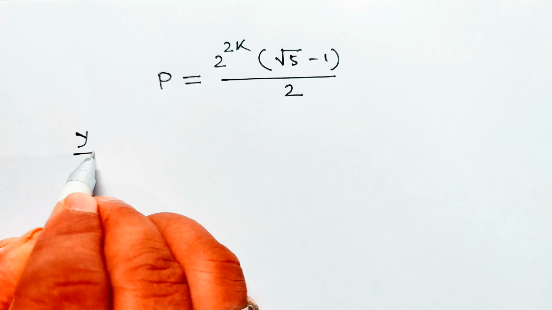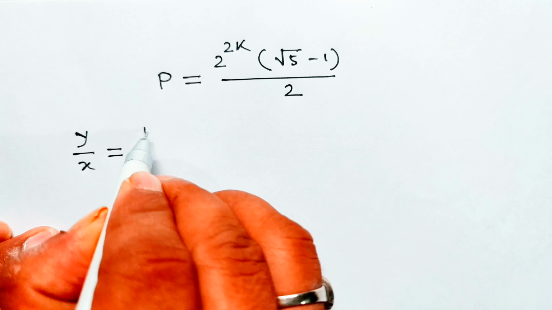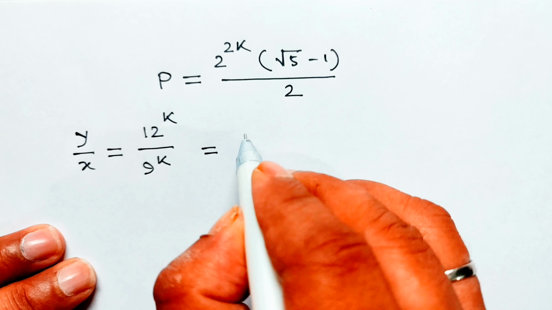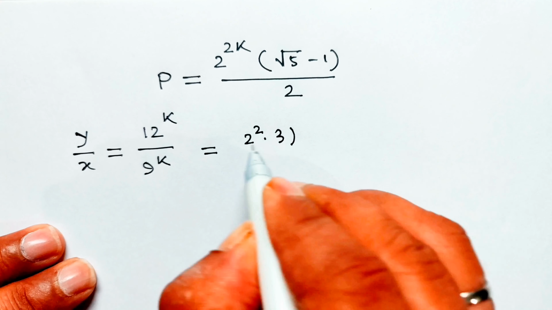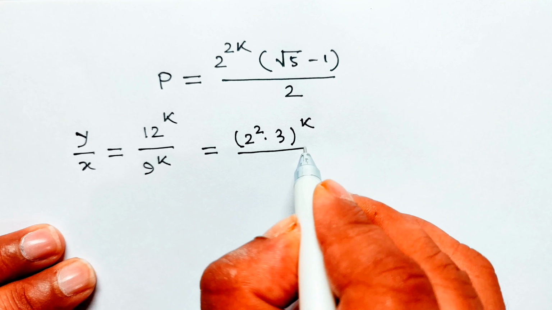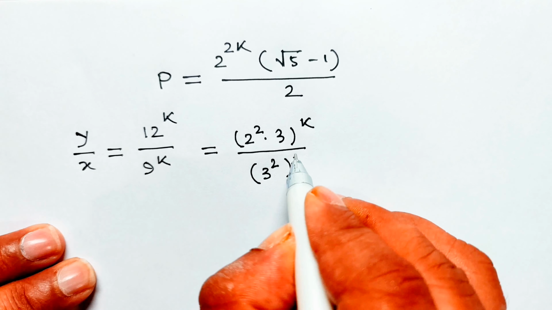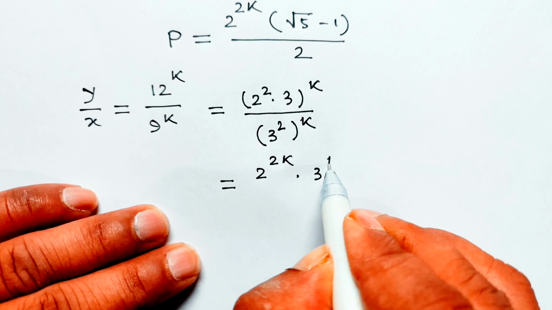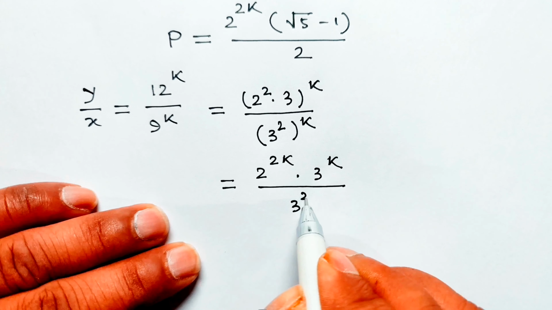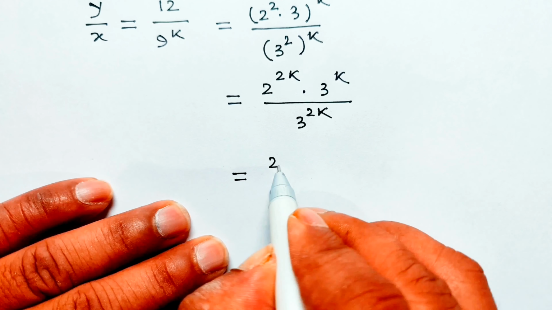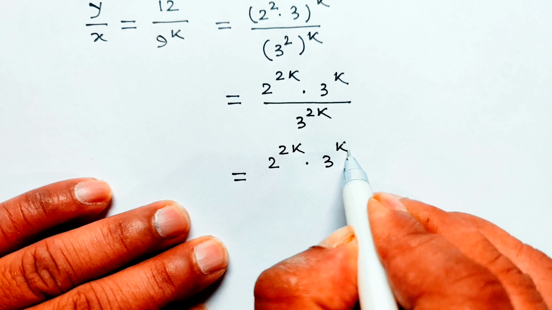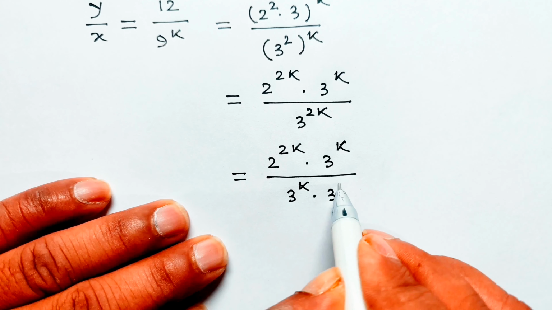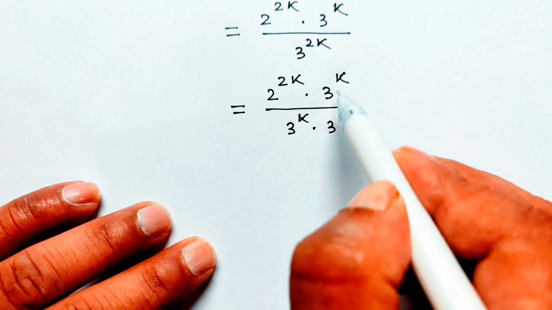Here y divided by x equal 12 to the power k divided by 9 to the power k, equal (2 to the power 2 into 3) to the power k divided by (3 to the power 2) to the power k, then equal 2 to the power 2k into 3 to the power k divided by 3 to the power 2k, which equals 3 to the power k into 3 to the power k. 3 to the power k, 3 to the power k cancel.